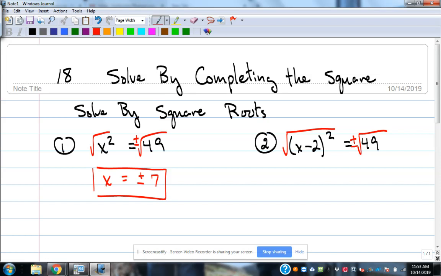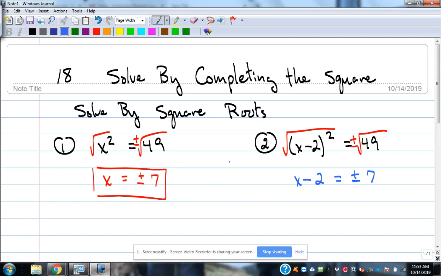So when I do that, the left side is going to turn into x minus 2, and the right side is positive and negative 7, two different numbers. But x is not by itself yet. On example 1, x was already by itself. We knew the answer is positive 7 and negative 7. But this one, you've got x minus 2 there. It's not plain old x.